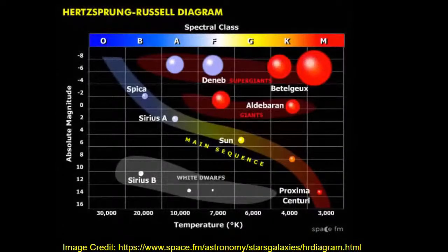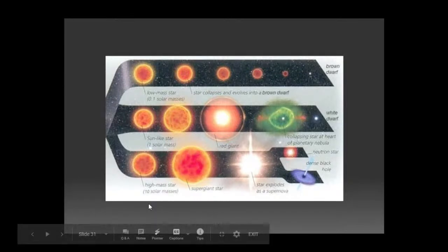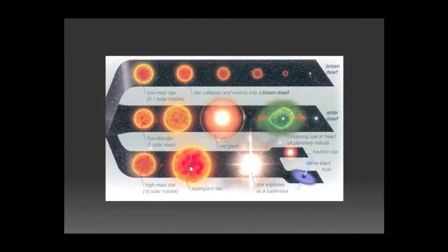Right. Now, this is something I have already flashed, and I have tried to explain to you that different mass stars evolve in a different way. So a sun-like star will eventually become a red giant, and finally the core, which will be carbon, nitrogen, oxygen rich, will become a white dwarf, while very high mass stars, depending upon the core mass, will either become a neutron star or a black hole.